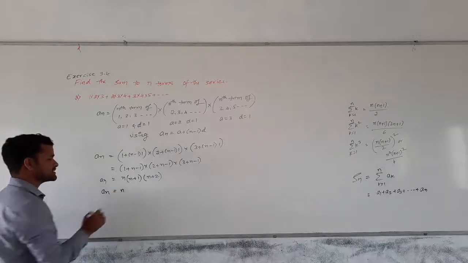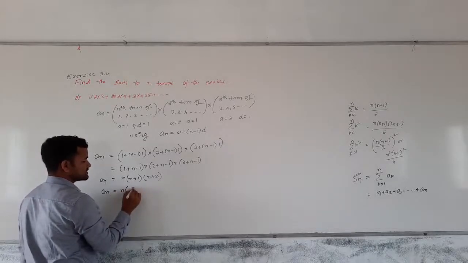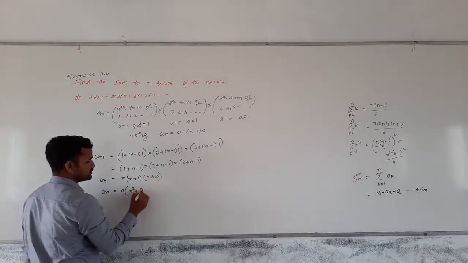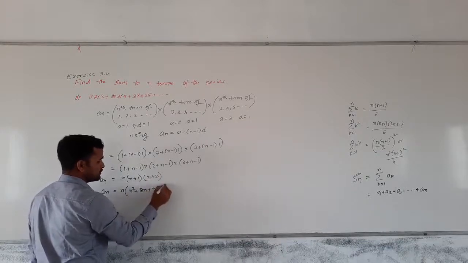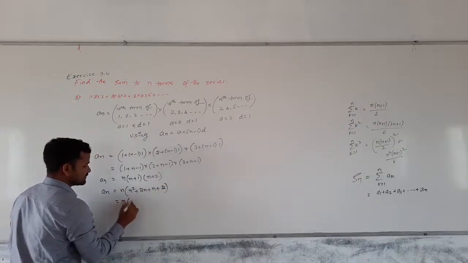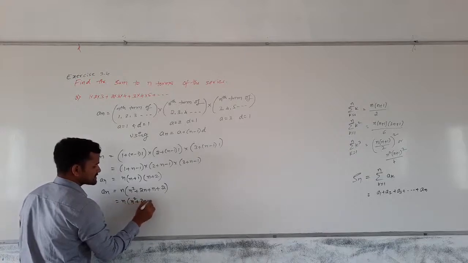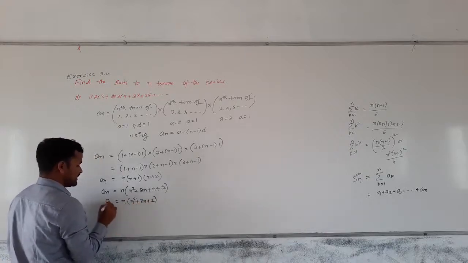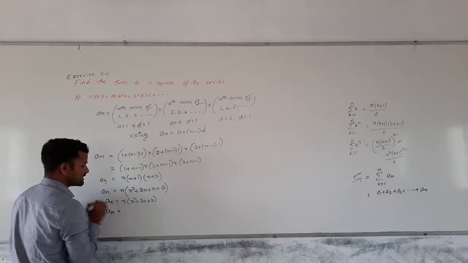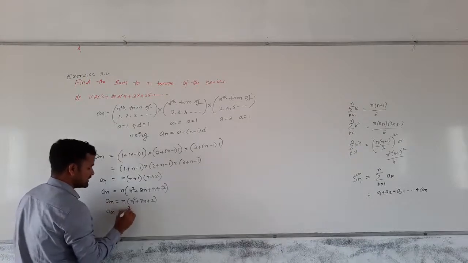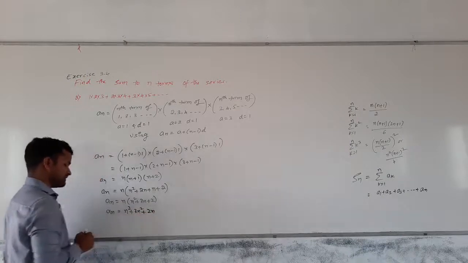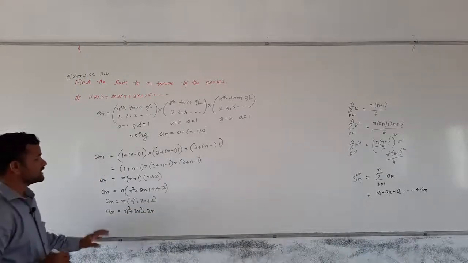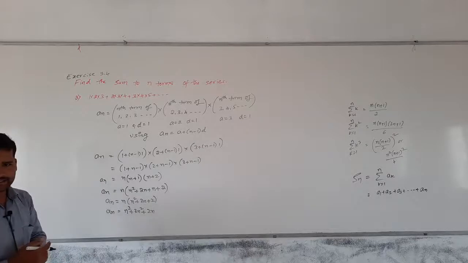Let me multiply n into n square, n into 2 is 2n, 1 into n, 1 into 2 is 2. This is n into n square plus 3n plus 2. An is equal to, you multiply this n also, this becomes n cube plus 3n square plus 2n. This is the nth term of the special series.